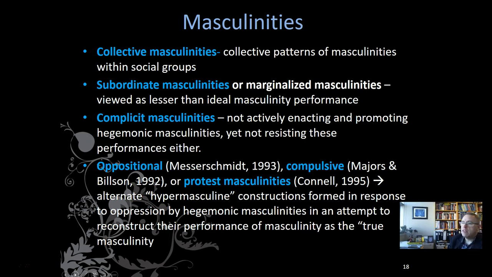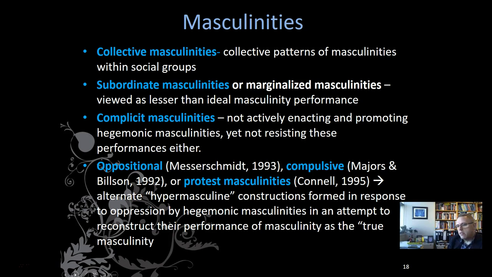It may be that the classic geek, who I was when I was in school, is not measuring up in some way. It could be in all different situations. Now, in some contexts where, let's say, intelligence is hegemonic, they may subordinate or marginalize men who haven't had a lot of academic achievement or a lot of success with education.